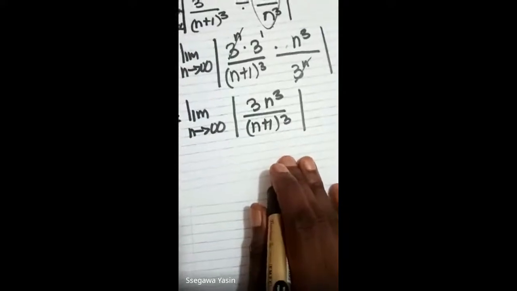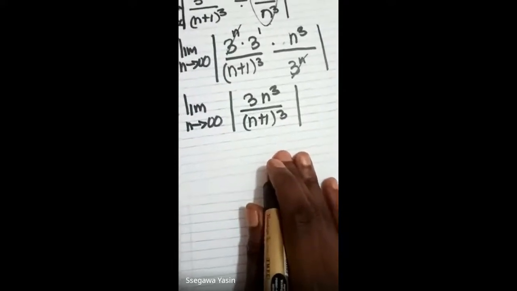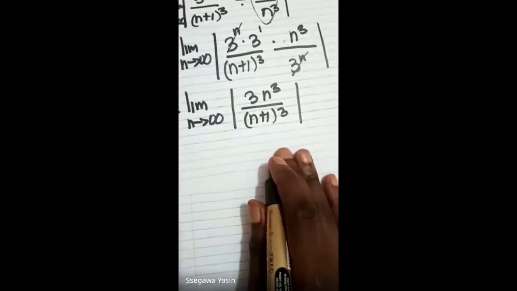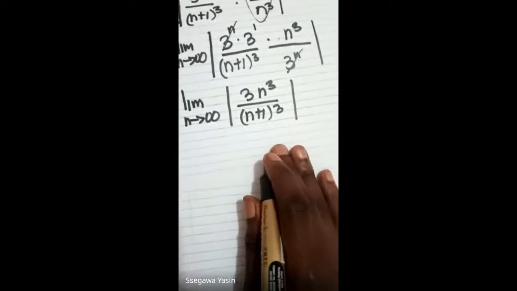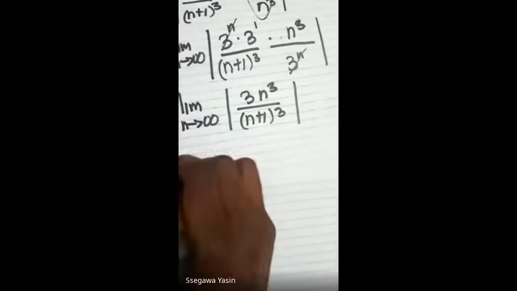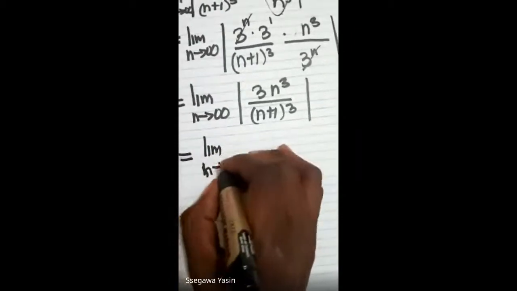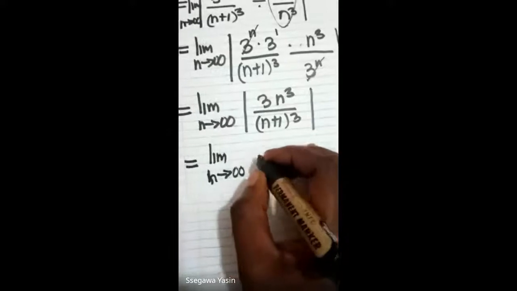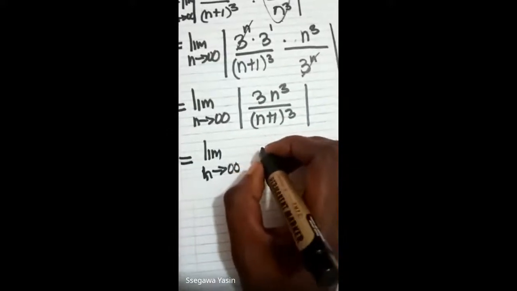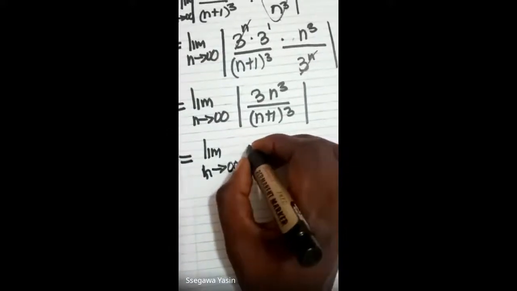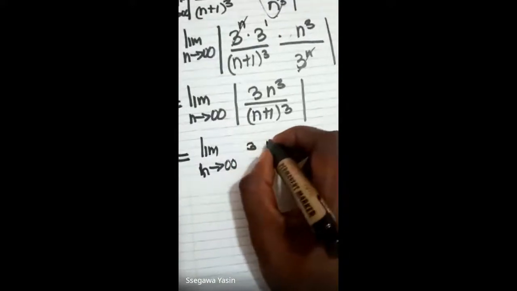Now, what is the limit here? I think the 3 can move out because it is already positive.